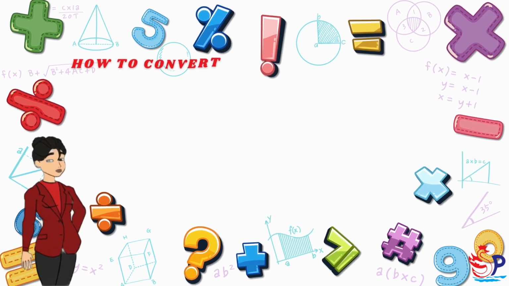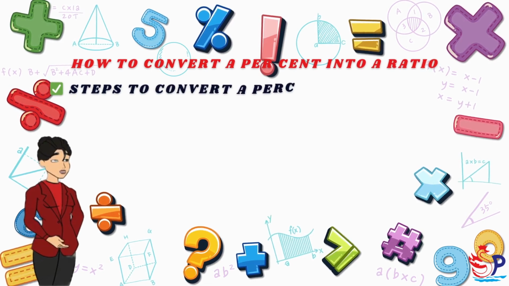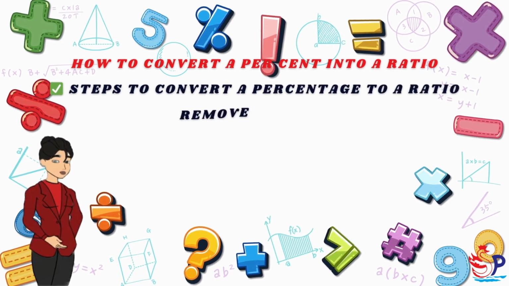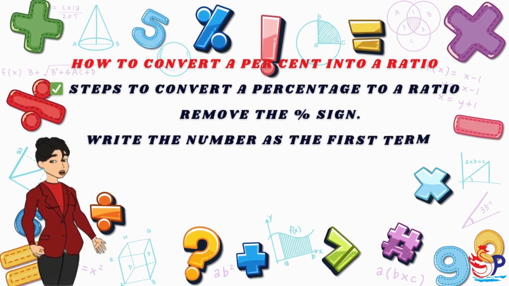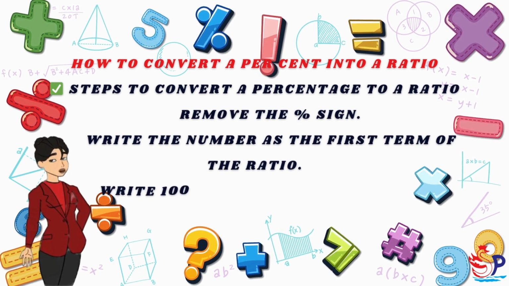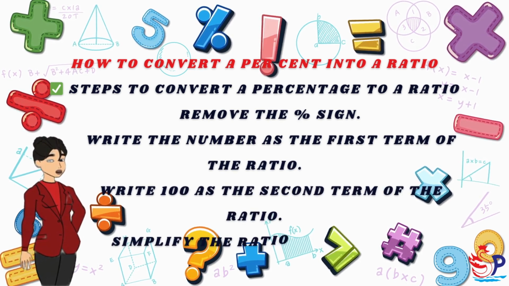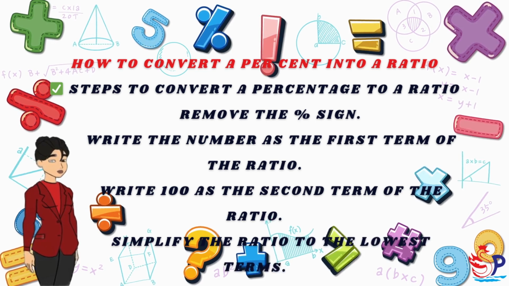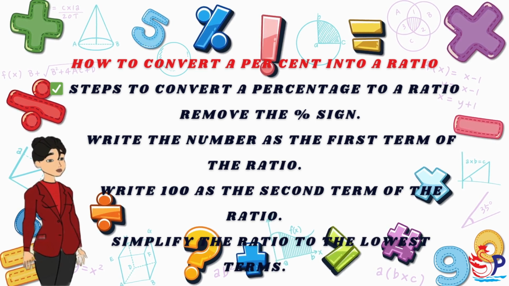How to convert a percentage into a ratio? Steps to convert a percentage to a ratio. Remove the percent sign. Write the number as the first term of the ratio. Write 100 as the second term of the ratio. Simplify the ratio to the lowest terms.